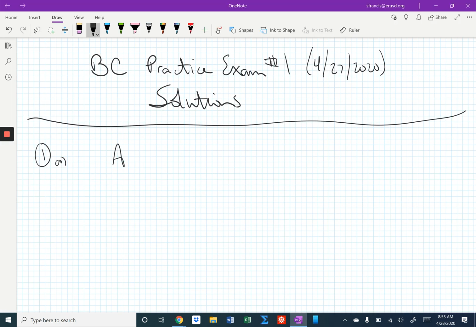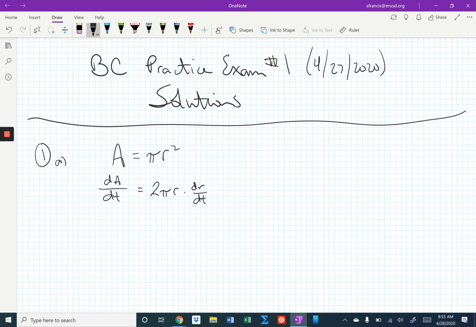So this is a pretty straightforward problem. We have to remember the area of a circle, pi r squared. We have to differentiate with respect to t. When we do that, we get 2 pi r times dr over dt, or r prime if you prefer that notation.